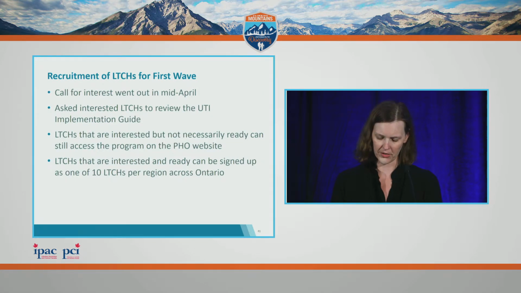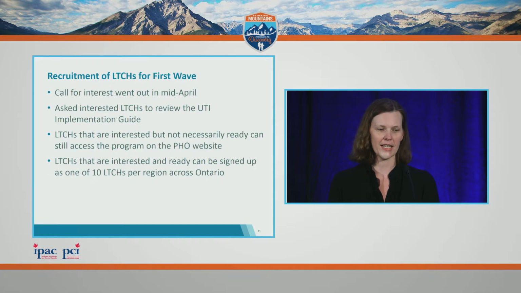We had a call for interest that went out in mid-April to all of our long-term care home contacts in Ontario. We asked homes to take a look at the implementation guide and focus on those reflection tools to consider whether they had an issue and whether the timing's right. That's really important because there might be other priority pieces happening in the home at the time, and while an issue might be identified, it may not be exactly the right time to go ahead.